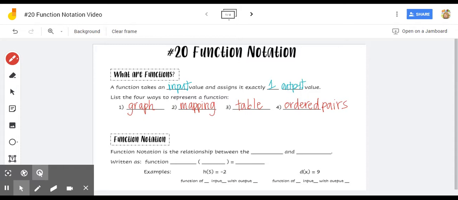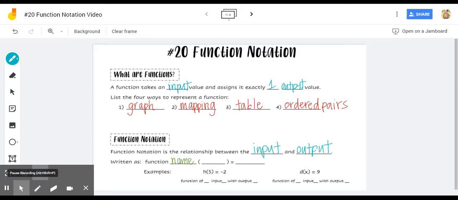And so now we're going to talk about what is function notation. It is the relationship between the input and the output. So we normally write this as the function name, and then inside the parenthesis will go the input, and it will all be equal to the output.